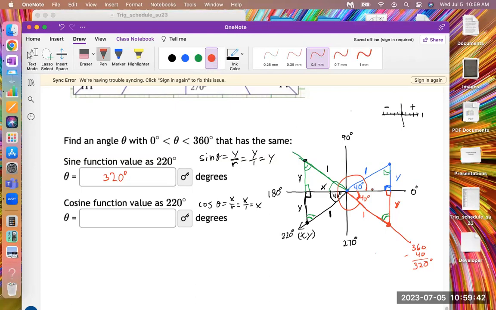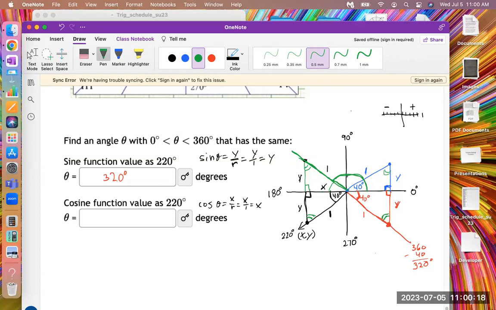So you need to measure from here all the way to here, what angle, as measured in standard position, has a terminal side right here, because that angle is going to form the same triangle with the x-axis as a 220 triangle would. So they are going to have the same cosine function.